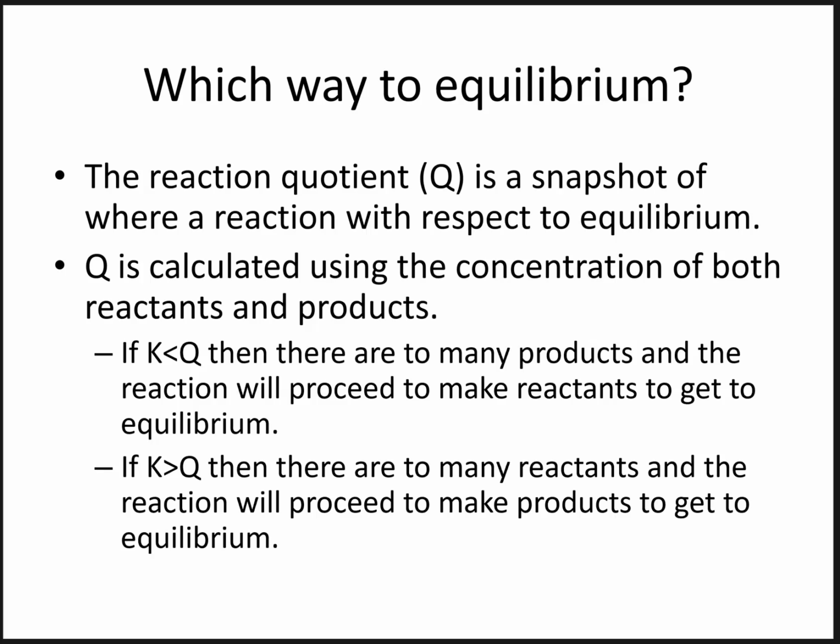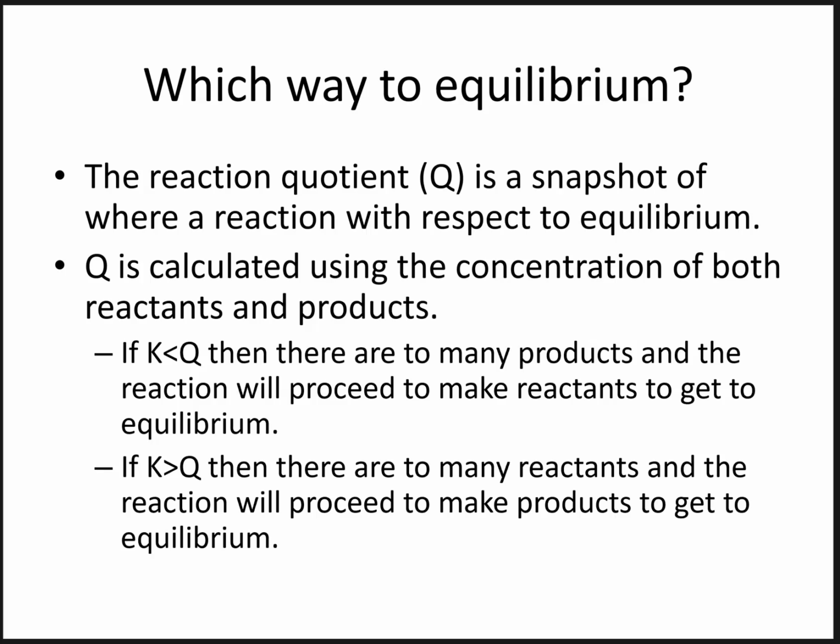If you always write the reaction quotient and equilibrium constants in alphabetical order, that is, you compare the equilibrium constant K to the reaction quotient Q, then what you'll find is that when you have K and Q, the greater than or less than arrow will point in the direction the reaction should move.